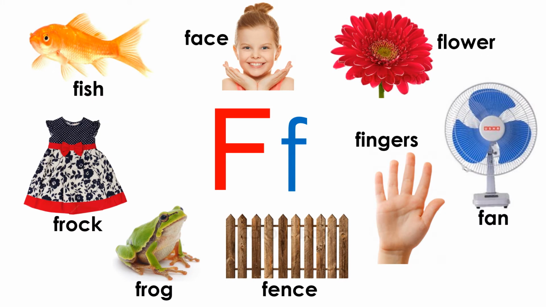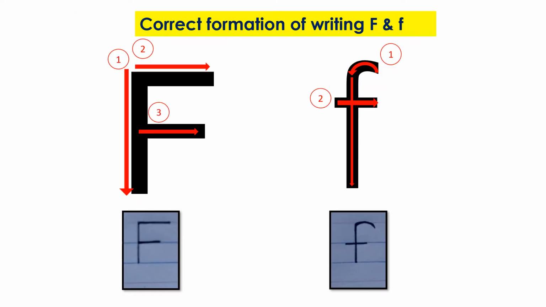Okay, next we have learned capital F and simple F. Capital F, simple F. Let's see the pictures that begin with letter F. Fish, face, flower, frock, frog, fence, fingers, fan.